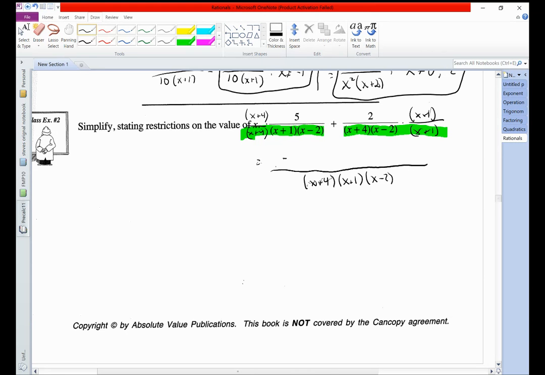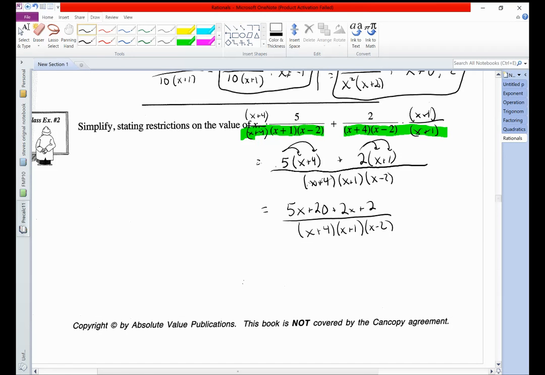So the first numerator is 5 multiplied by x plus 4, plus 2 multiplied by x plus 1. So I can simplify that. That 5 multiplies into both of those terms, and that 2 multiplies into both of those. And now I have 5x plus 20 plus 2x plus 2 all over x plus 4, x plus 1, x minus 2.